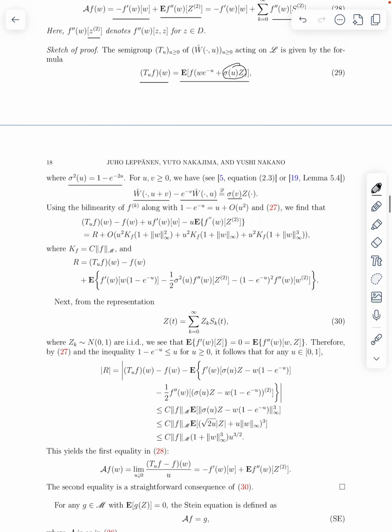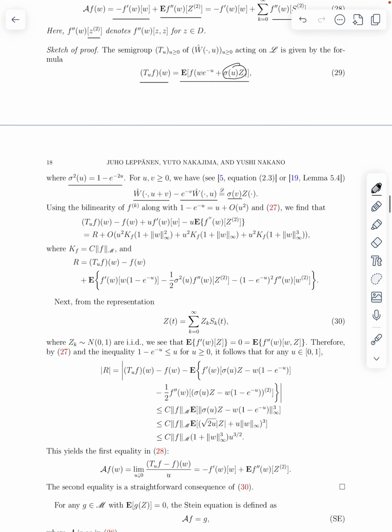And so the key point is that if I move this over, then I get that 1 minus e to the negative u is equal to u plus some terms that are at least order u squared. Making that a little bit more formal is a little bit more work, but it's not that big of a deal. So what we can do is take this u right here and just replace it by a 1 minus e to the negative u term.